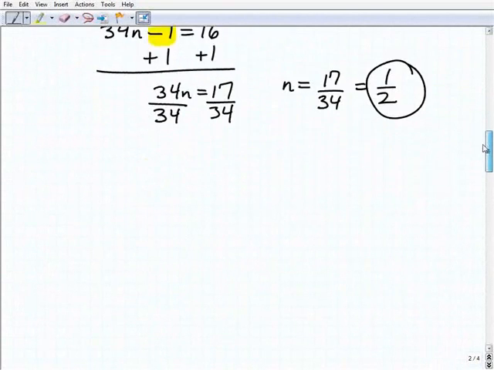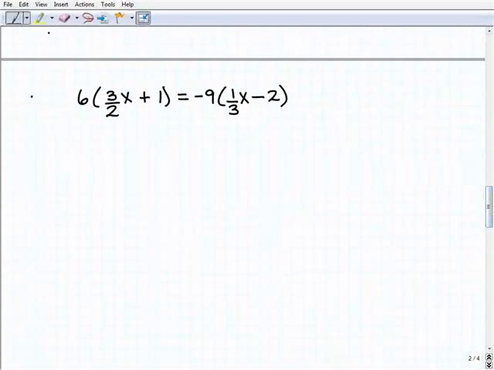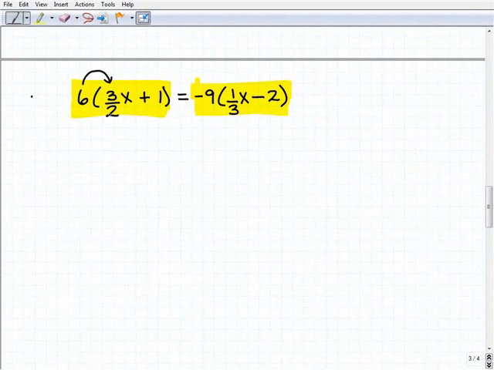All right, let's go ahead and tackle our last problem. So once again, we have a distributive property situation here and right here. Okay, and we got some fractions involved, so we're gonna have to be really careful when we do this. So this is gonna be 6 times 3/2 x. So when you do this, 2 goes into 6 three times, this will be 9x, all right?